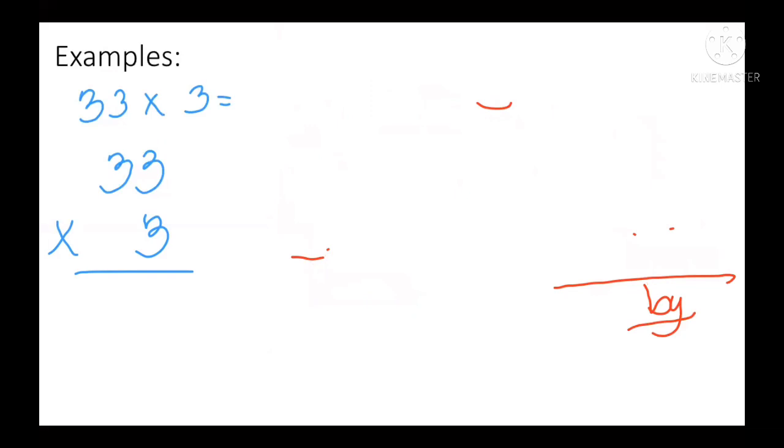So the process in multiplying numbers, we will start with the ones place, correct? Our ones place is 3. So we need to multiply this number first to the ones place. So what is 3 times 3? That's correct. That is 9.